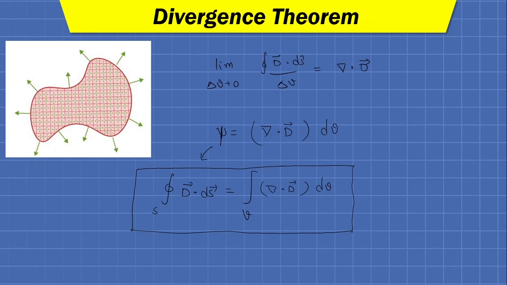Then we will take the summation, and when we are taking the summation, we will consider the fact that outward flux of any cell will be the inward flux to the neighboring cell. So to calculate the overall flux passing through the small volume, we can consider the closed surface integration directly. Fine. So this is how we can prove the divergence theorem.